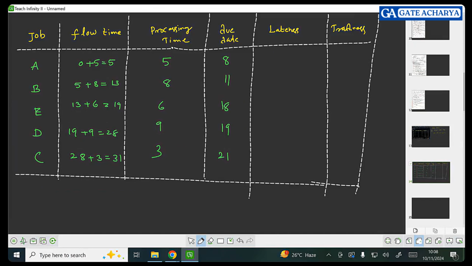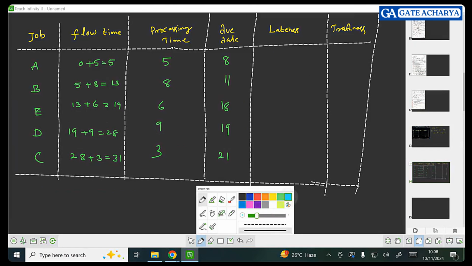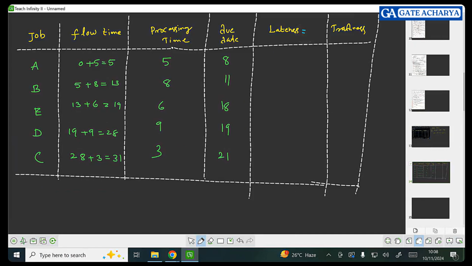Now here, what is lateness? I gave you the formula, right? Lateness is equal to flow time minus due date.